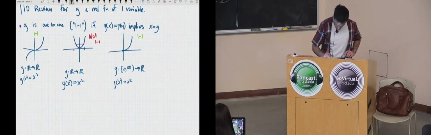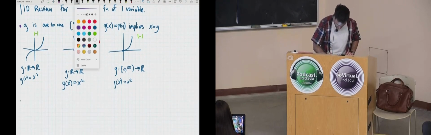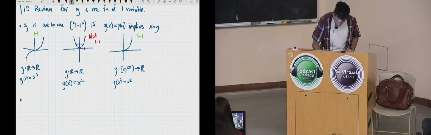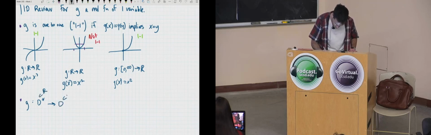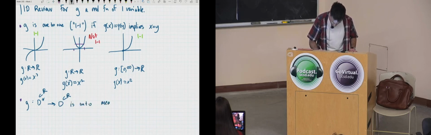How about onto? That's the other thing we're going to talk about in 2D, but first I'll again review the one-dimensional. So we say that g from, let's say, D star to D, and these are two sets in R, is onto. What does that mean?